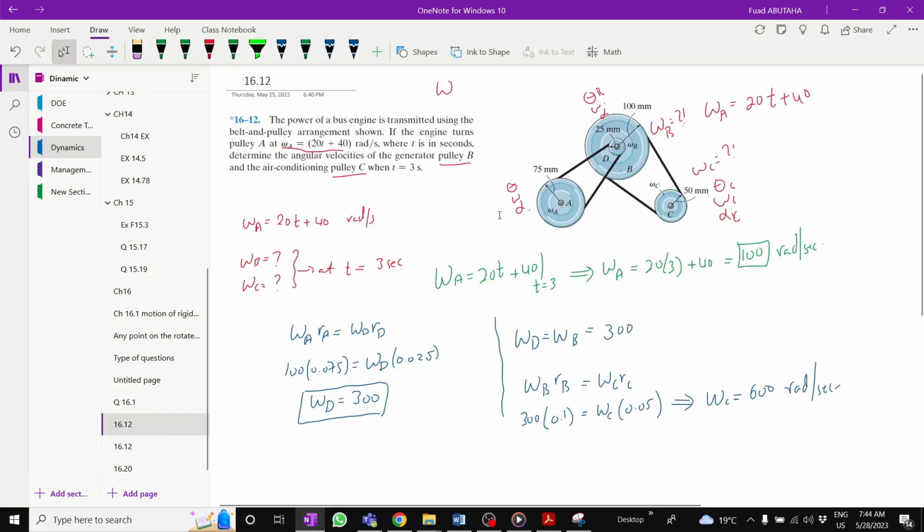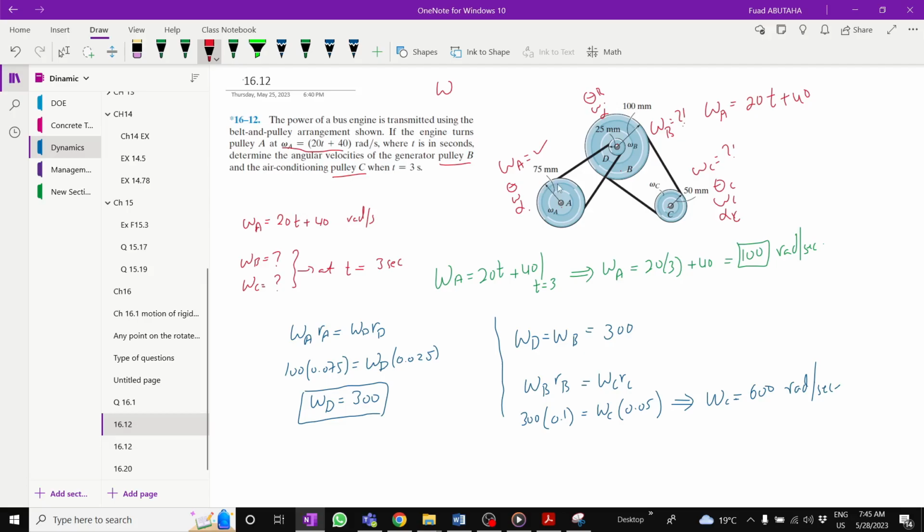So in this question, he is giving us omega A, which is a function of time. The only available information is omega A. Omega A is not directly connected to P, it's connected with D, and D is part of this one.